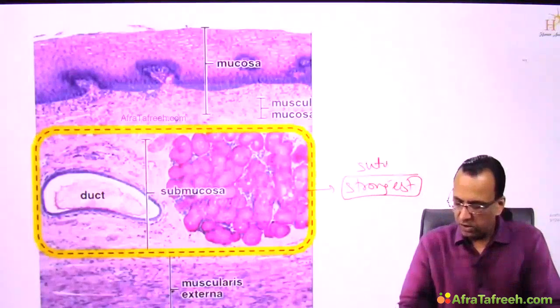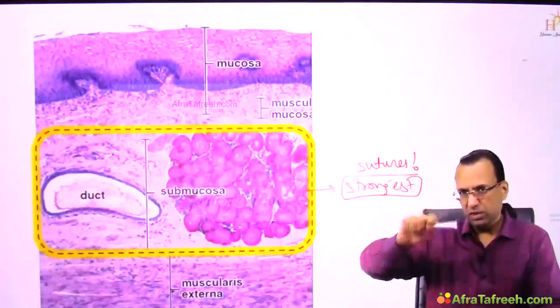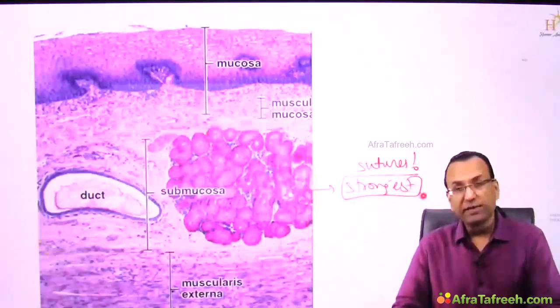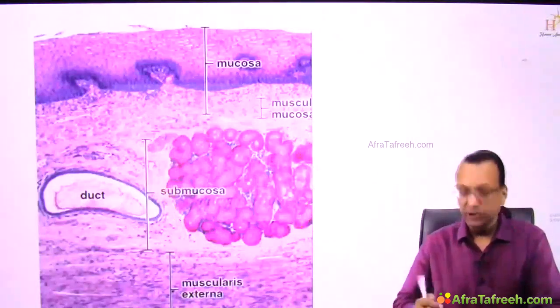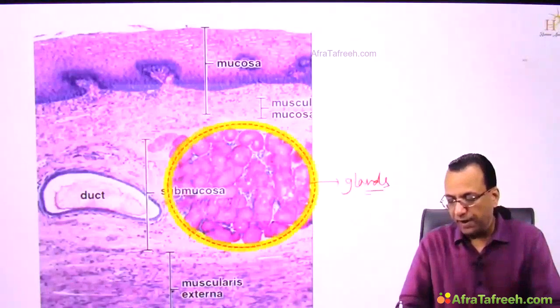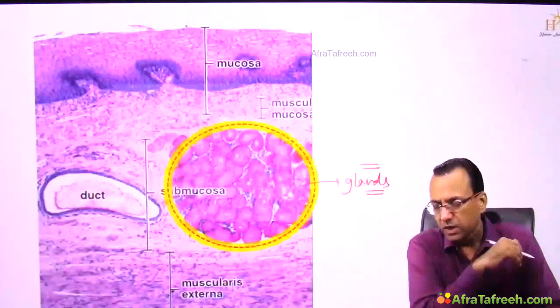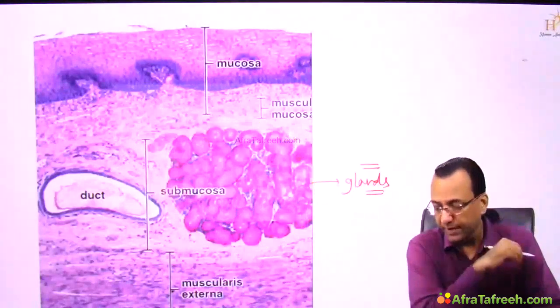Whenever you are doing suturing, your suture should include the submucosa, because it is the strongest layer of the esophagus. And one more thing you find in the esophagus: the submucosa has glands. It is a rarity to find glands in the submucosa if you are talking about the gut tube. The esophagus has glands in the submucosa, which is one peculiar finding.